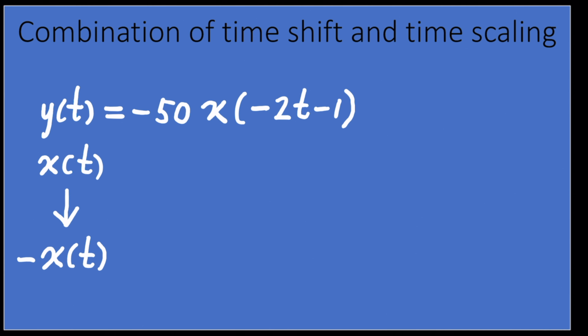From the original signal x(t), let's say first we apply an amplitude inverse to get minus x(t), and then amplitude scaling to get minus 50 x(t).